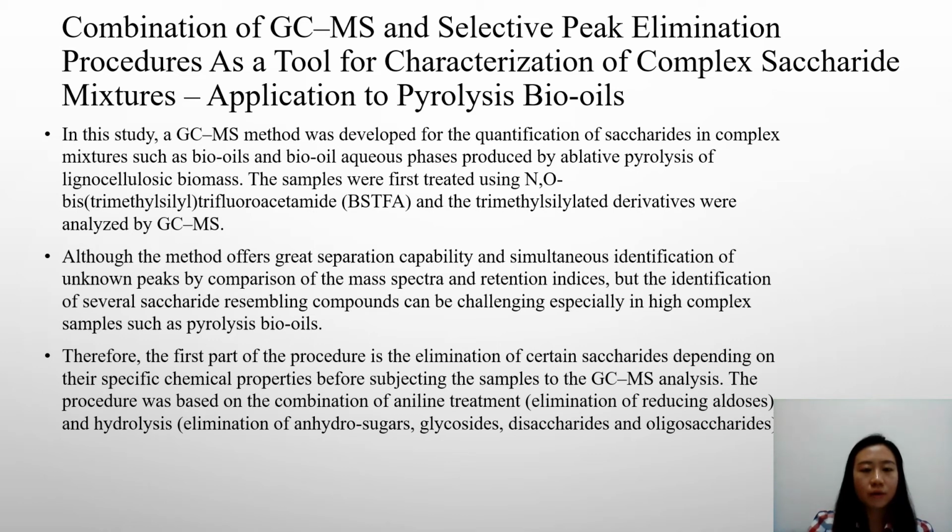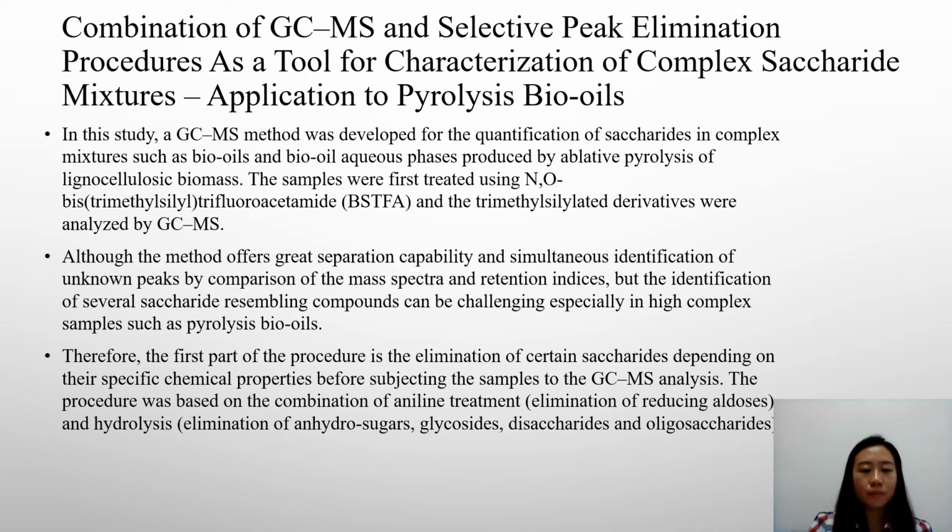Although the method offers greater separation capability and simultaneous identification of unknown peaks by comparison of the mass spectra and retention indices, the identification of several saccharide-resembling compounds can be challenging, especially in highly complex samples such as pyrolysis bio-oils. Therefore, the first part of the procedure is the elimination of certain saccharides, depending on their specific chemical properties, before subjecting the samples to the GC-MS analysis.